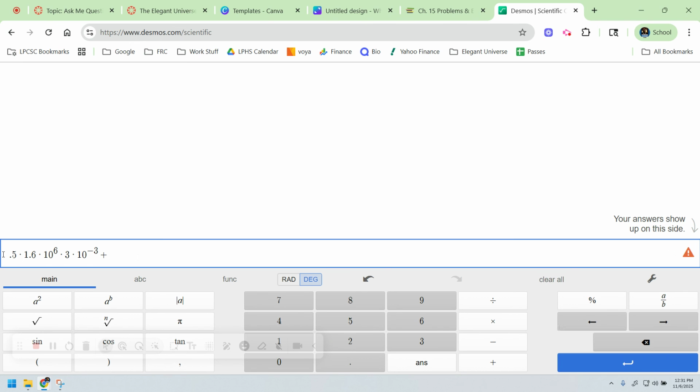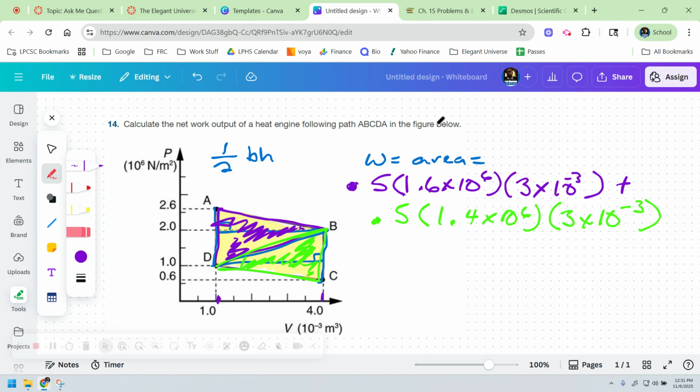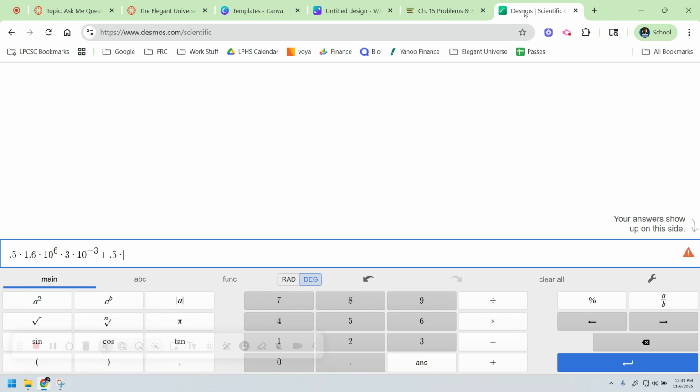Now remember, order of operations will automatically multiply all this stuff out first. Then I have 0.5, so I don't have to worry about it too much as long as I type it into the computer correctly.